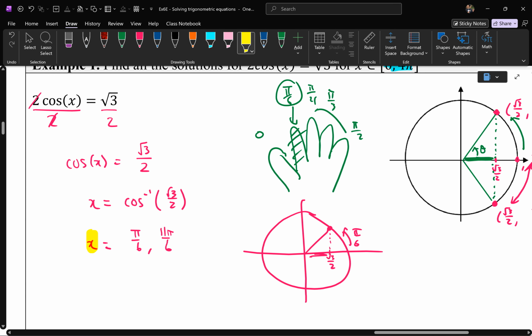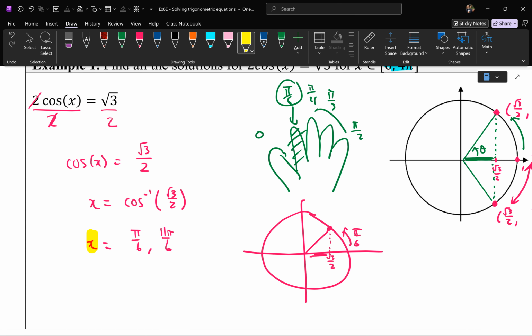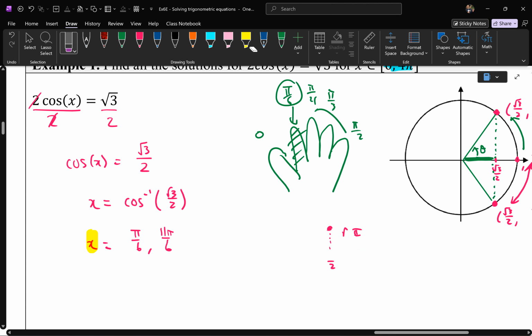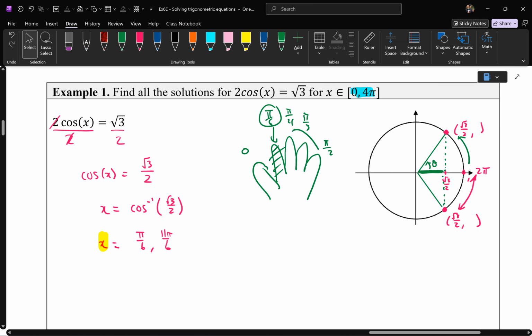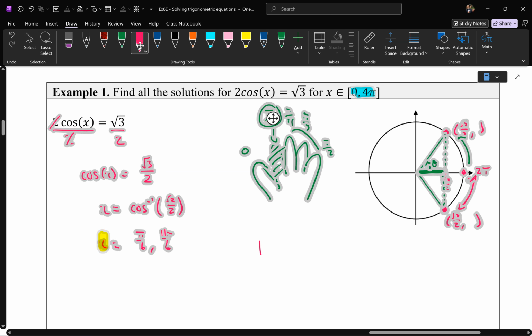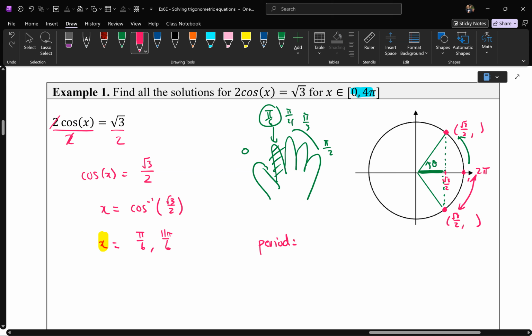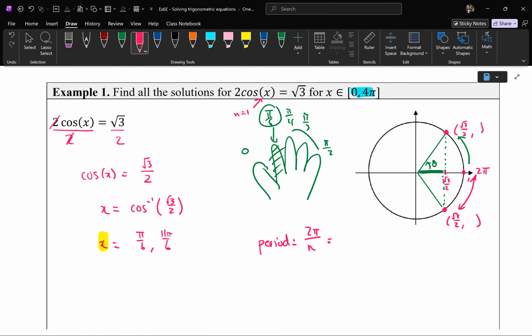You've got x. Unlike the next problem, they'll have all these other things here like 2x minus pi on 3. That's when you start moving things across. But right now there's nothing. So you stop here and you say, okay, now the domain is 0 to 4 pi. The period is 2 pi on n. N is currently 1.